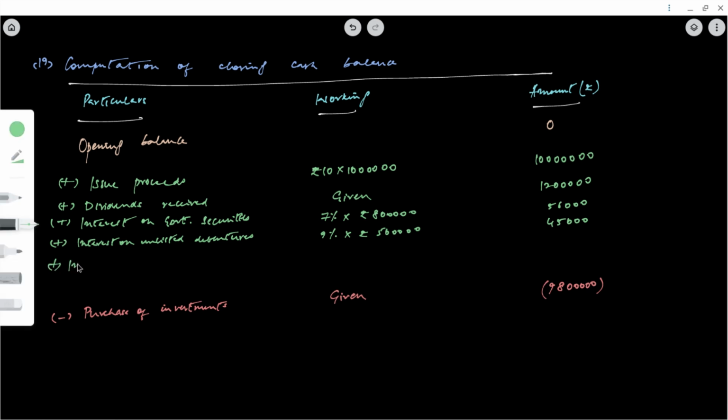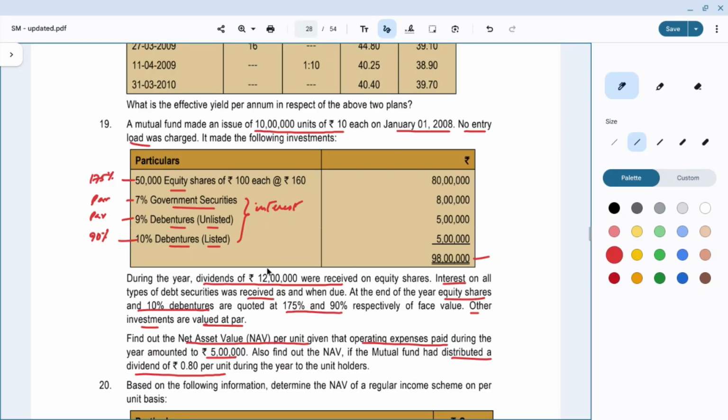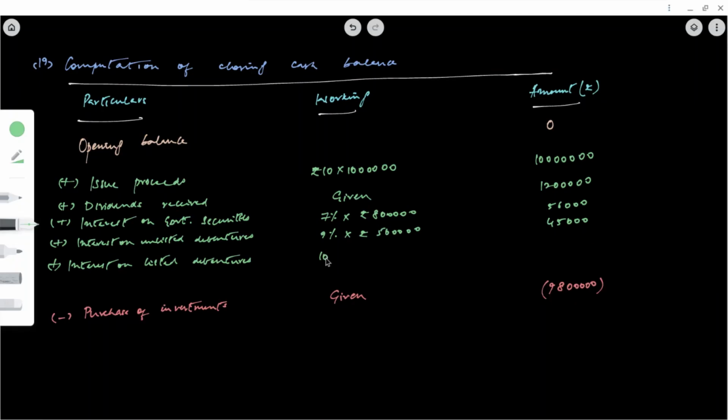Next, plus interest on listed debentures. That is 10% on 5 lakh. That is 50,000.